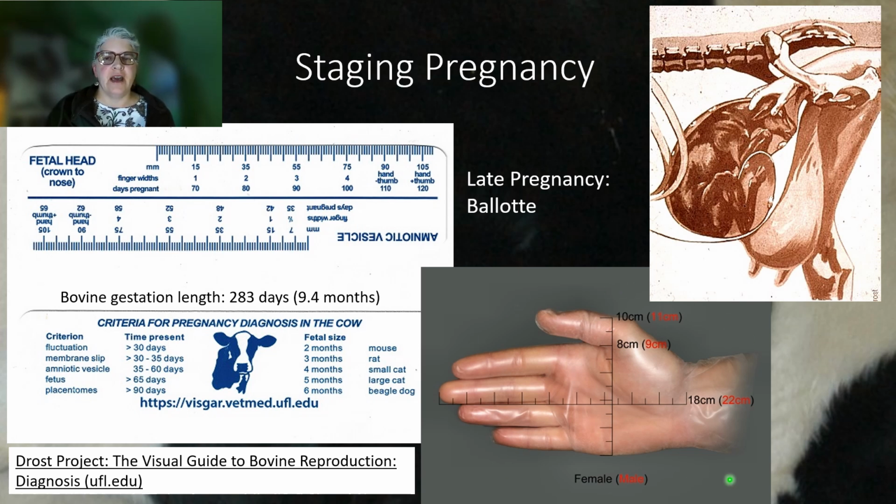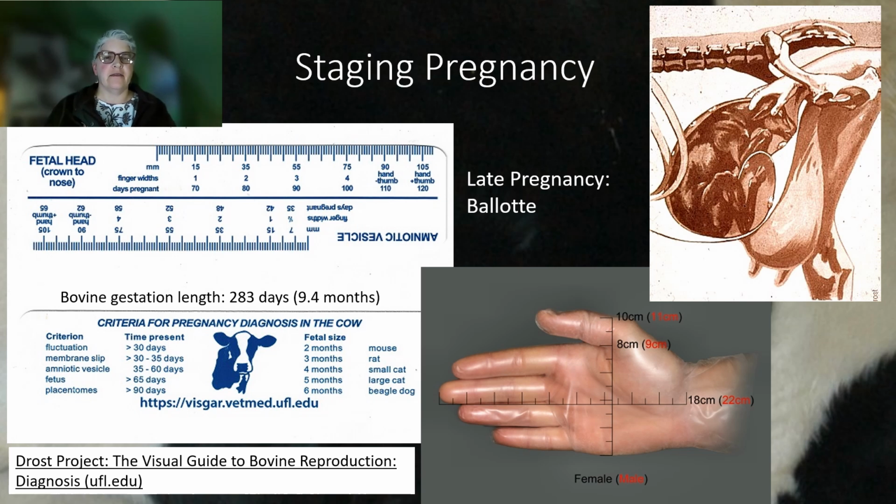The transrectal palpation and ultrasound can be used to determine the age of the fetus. This is showing how the measurements of your hand can be used to refer to what you're feeling, to look at things like fetal head size or the size of the amniotic vesicle. There's set sizes that match different days of pregnancy. Later in pregnancy, the fetus gets too big to really feel because it kind of falls into the abdomen. You can put your fist against the side of the cow and push.